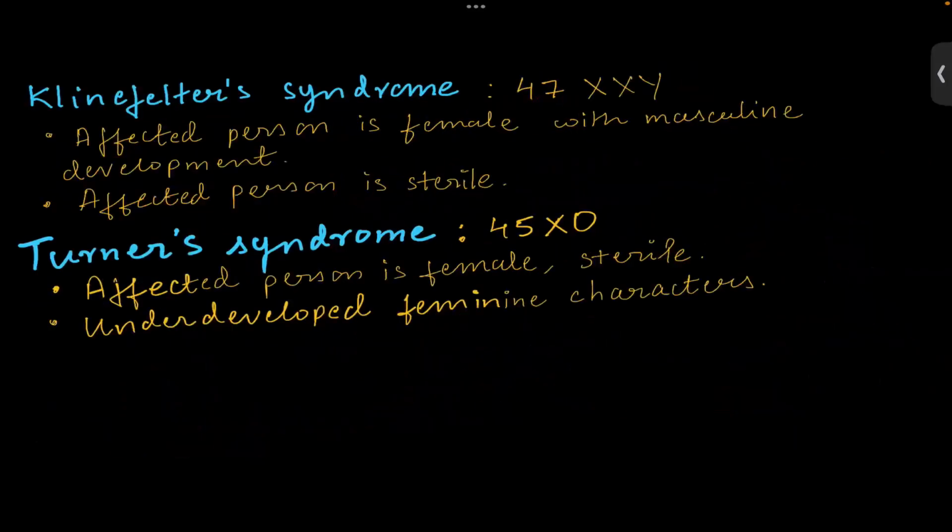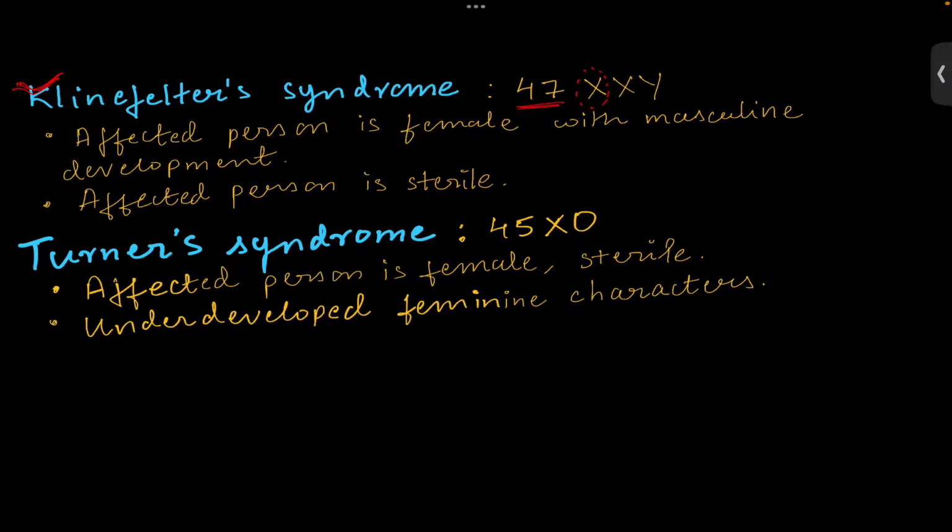Next, another syndrome which happens due to aneuploidy is Klinefelter syndrome, where the affected person has one extra copy of the X chromosome, because of which instead of 46 chromosomes, the person has 47 chromosomes.